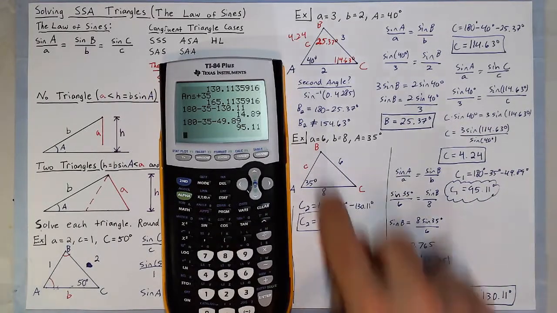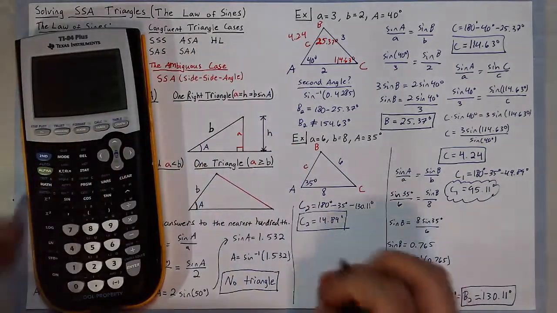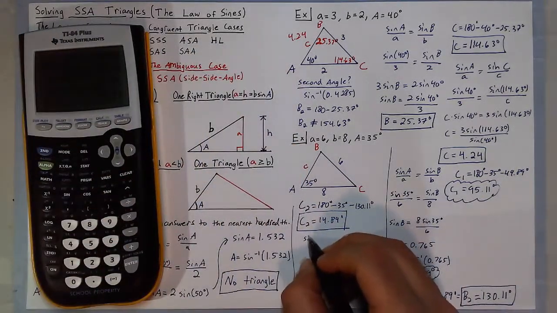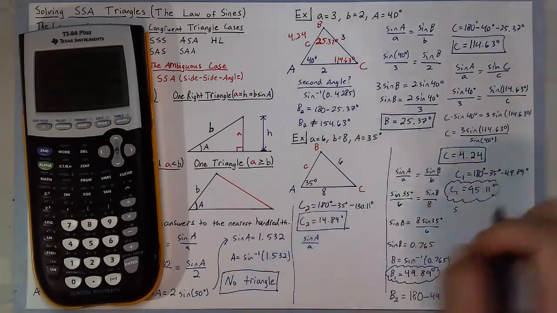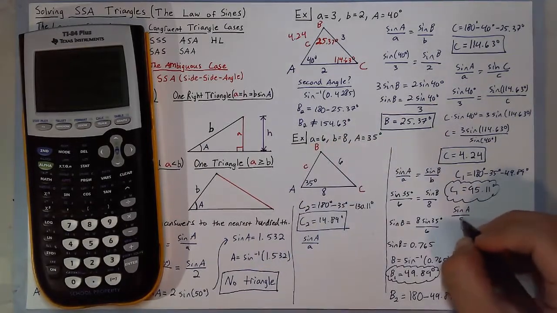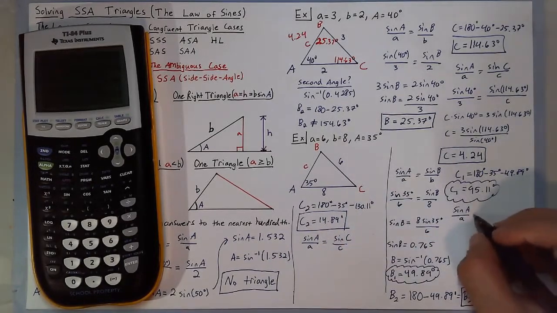And now I'm going to find side C following that angle. And again, I'm going to use sine of A over a for both of these, just because that was the information given to me. And I'm going to set that equal to sine of C over c.